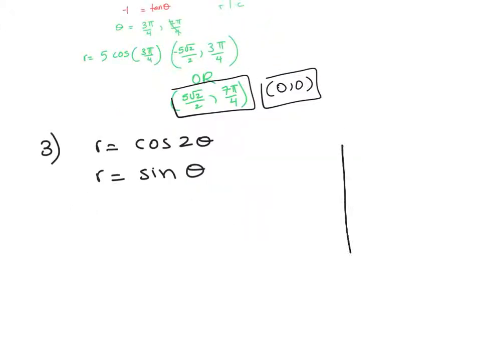Okay, let's start by sketching the cosine 2 theta. So that's going to be a rose graph as well. So this is 2, it's even, so that means I am going to have 4 petals, and 1 is the length of the petal. Since it's cosine, it means you're starting from the x-axis.